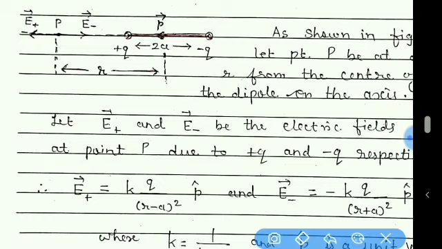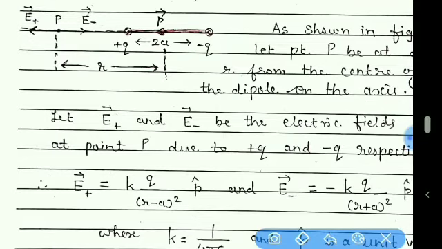First we will find the electric fields at point P due to the positive charge as well as due to the negative charge by using Coulomb's law, and then we will add these two electric fields.